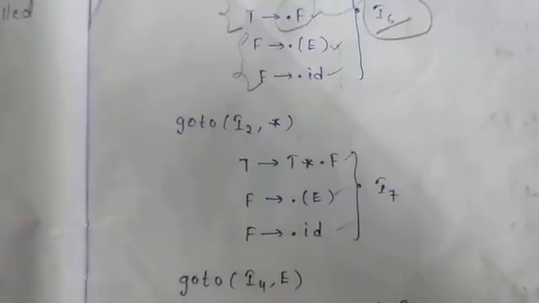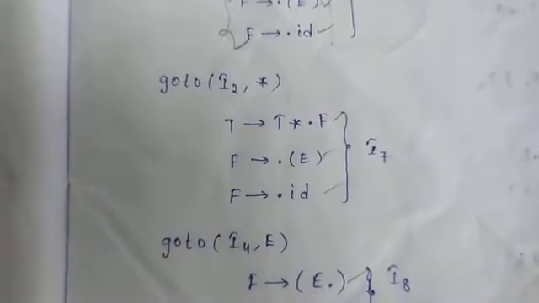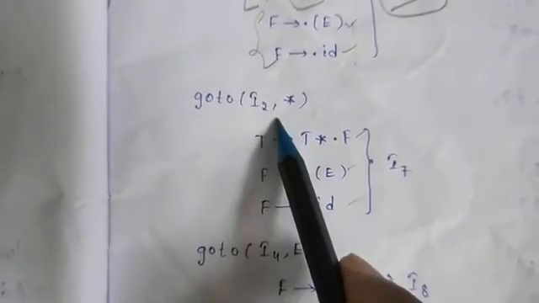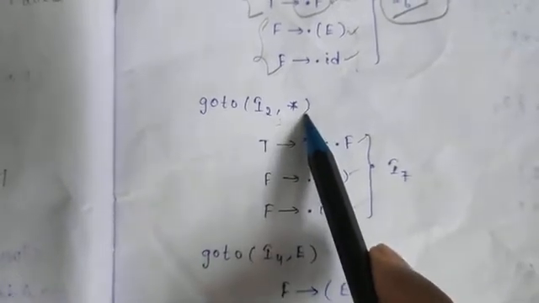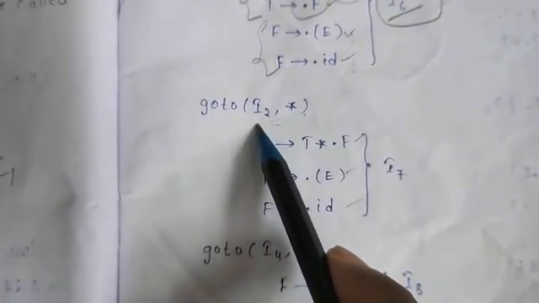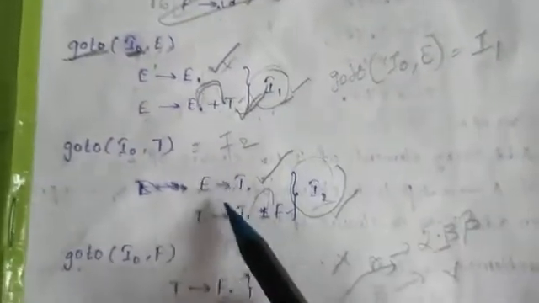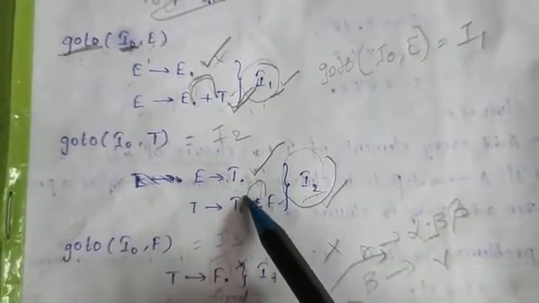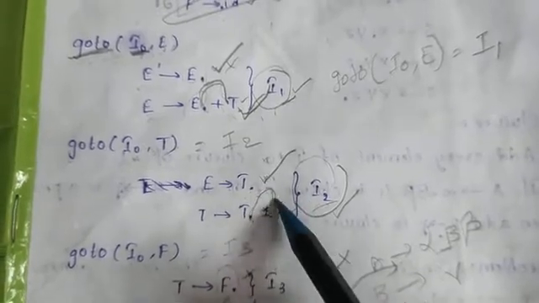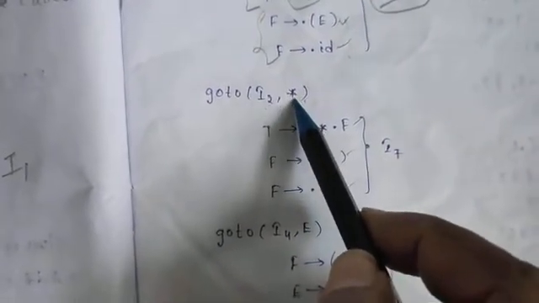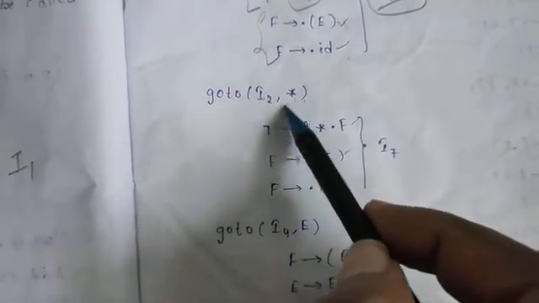This is why, because in this state the dot is moving by passing the star. For that reason it should be go to I2 comma star.